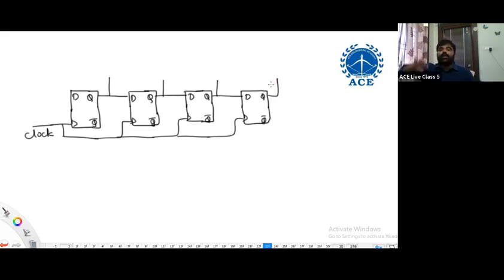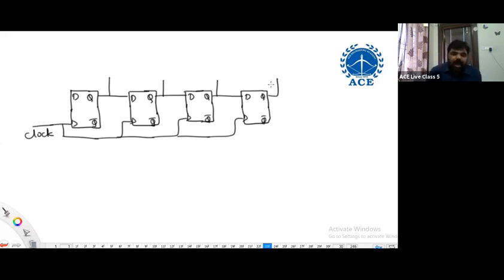Only then can we say what the 4-bit information is at every clock cycle.